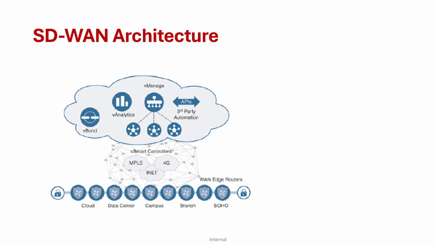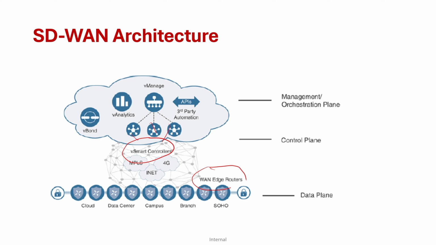First one is SD-WAN edge device. Here if you see, this is one of the components, SD-WAN edge device, and it is part of the data plane. Then we have Vsmart controller, which is part of the control plane.